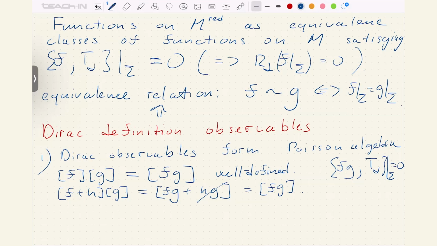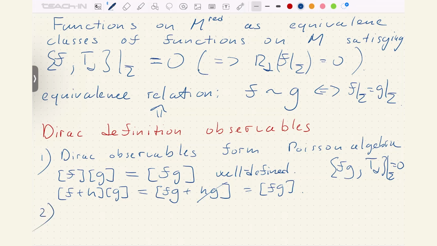You just apply the Leibniz rule, and you get f T alpha, which vanishes, and g T alpha, which also vanishes on sigma. So this is fine, but this is expected because we knew that we have at least locally this reduced phase space, and on reduced phase space we have multiplication of functions. And now we just learned that we can define the same algebra as a subquotient of the algebra of functions on the entire phase space.